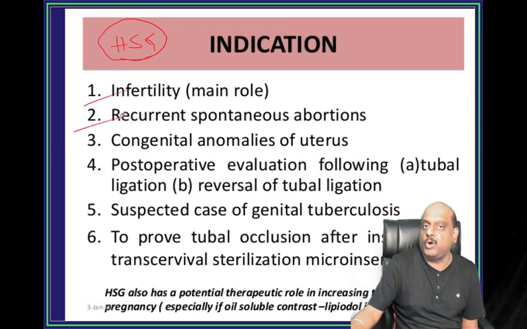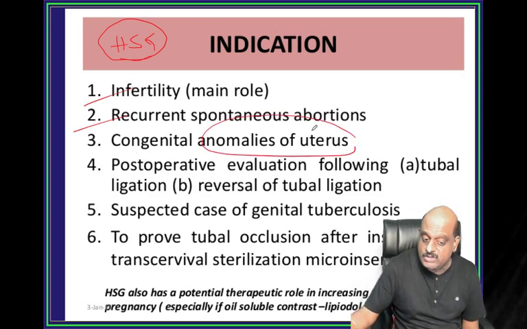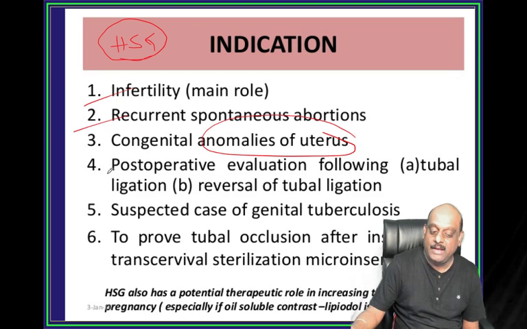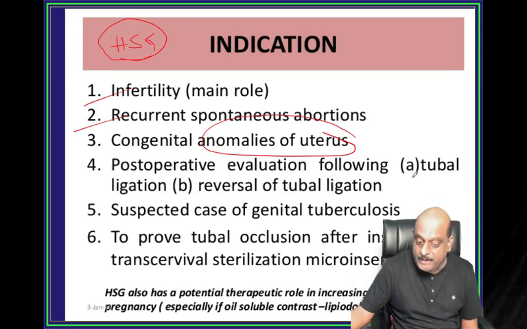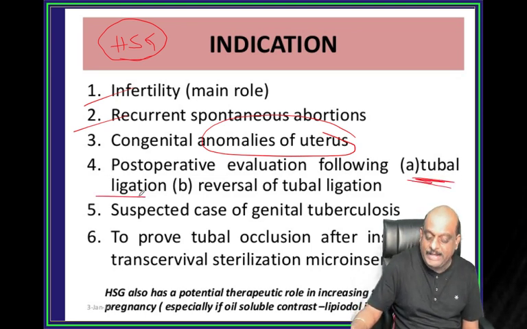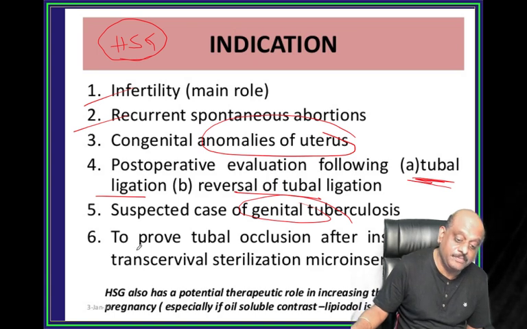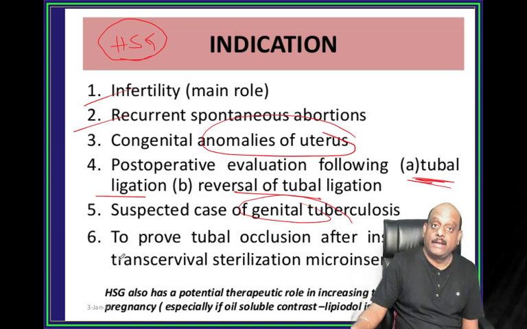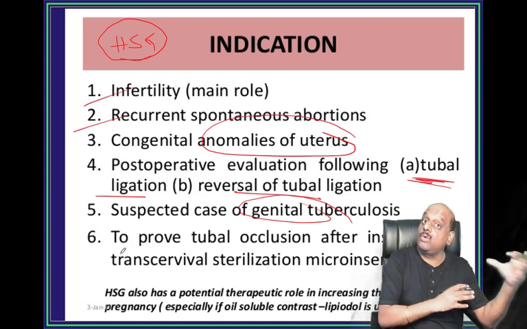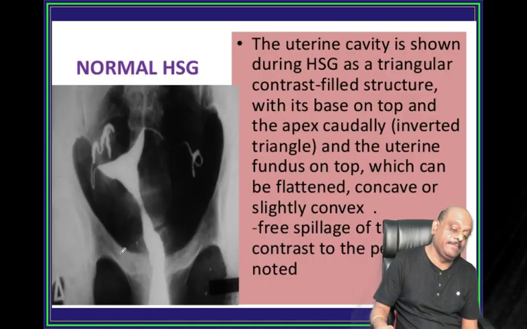Infertility, recurrent spontaneous abortions, any congenital anomalies of the uterus, and similarly for post-operative evaluation like tubal ligation or reversal of tubal ligation, and genital TB suspected cases, we use hysterosalpingography.